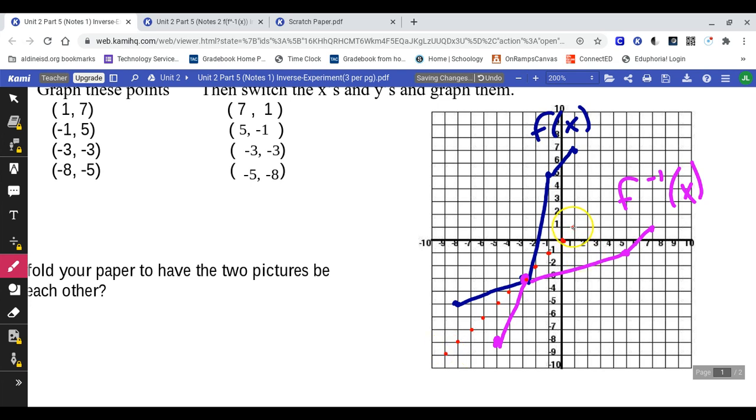So anytime I graph both a function and its inverse on the same axis, the graphs should be reflected diagonally.